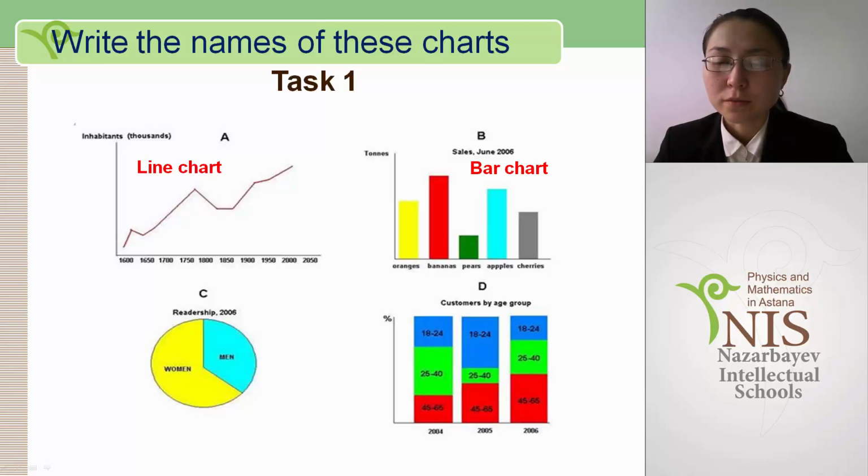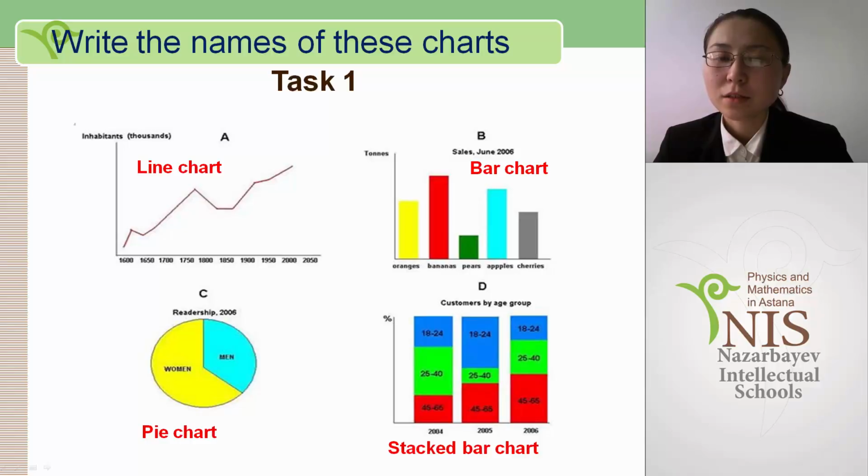The next picture, what does it look like? That's great, it looks like a pie, and it's called a pie chart. And the last one, we can also see bars here, but how do we call this chart? A bar chart. That's great, but it could be a different thing.